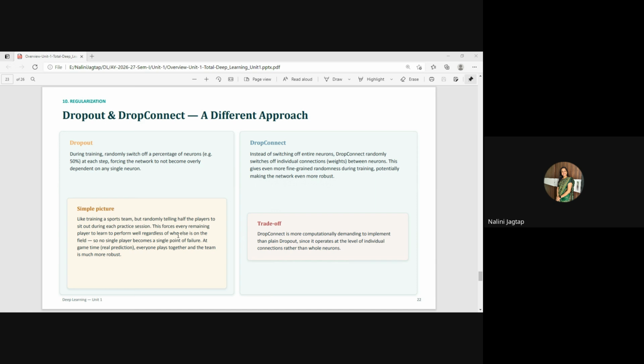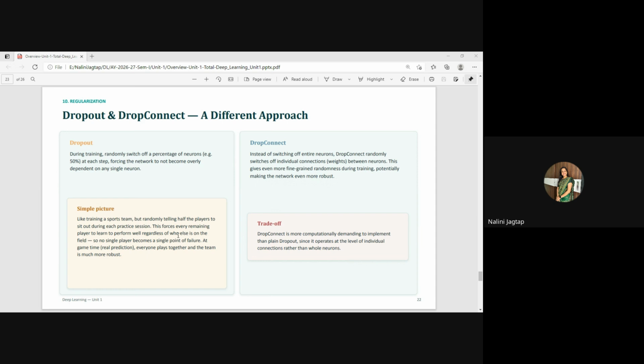I hope you have understood the analogy. So when the real game finally arrives, the entire team plays together. The team as a whole performs far more robustly, since no individual player represents a single point of failure. So that's my dropout strategy.